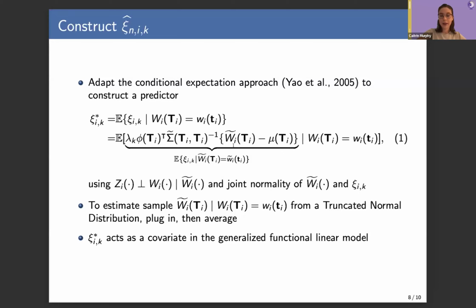What's nice about this is that all of the components inside the expectation we have available from the previously constructed estimators. The only part that's missing is this W tilde, but we're able to sample it conditional on the data from a truncated normal distribution, plug it in, and then take the sample average, and that's our estimator.